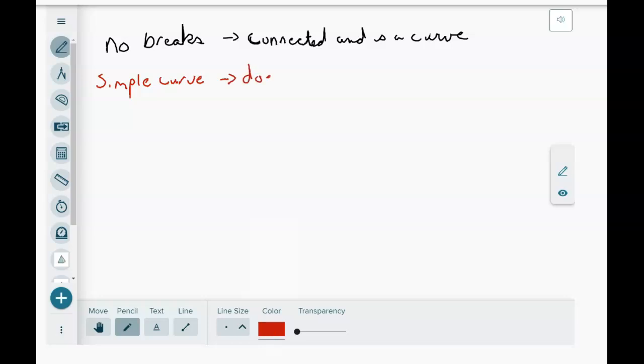So it does not cross. So this could look like this. It could be what we consider an open curve. Either of these are simple curves because they don't cross themselves.